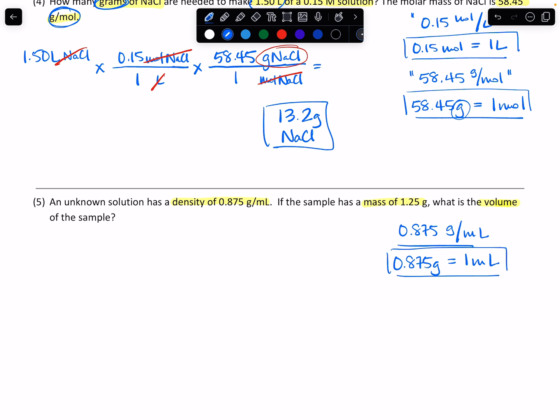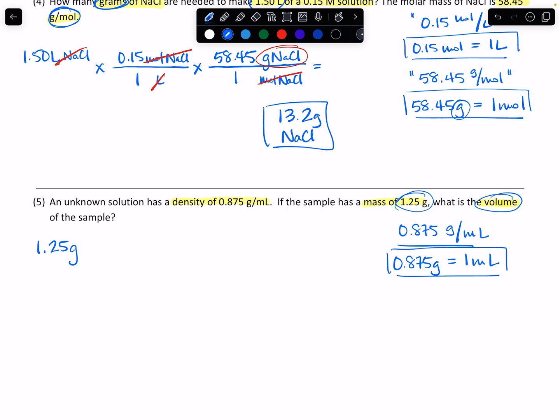We have a mass of 1.25 grams, and we have grams in that conversion factor, and we're looking for volume, and we have volume units in that conversion factor. So we have everything we need. This is going to be a simpler problem than the one before. You start with the one that has a unit that is not part of a per statement.